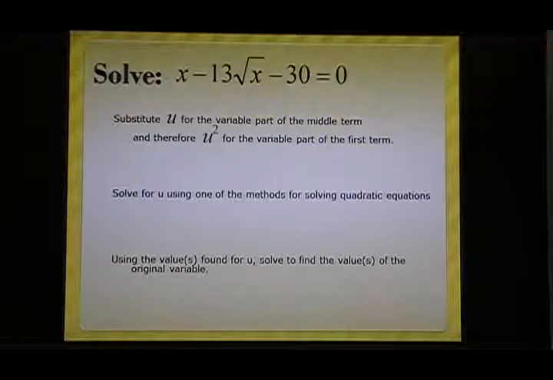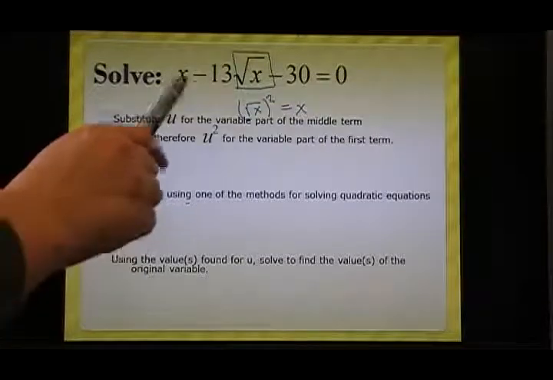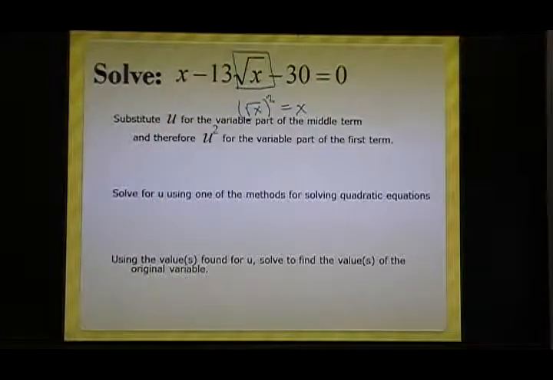Solving this again, and this is very similar to what we had when we were looking at whether an equation is quadratic in form. If I take my square root of x and I square it, I do get x, which is the variable part of the first term. I actually get the absolute value of x, but we're not going to worry about that right now.